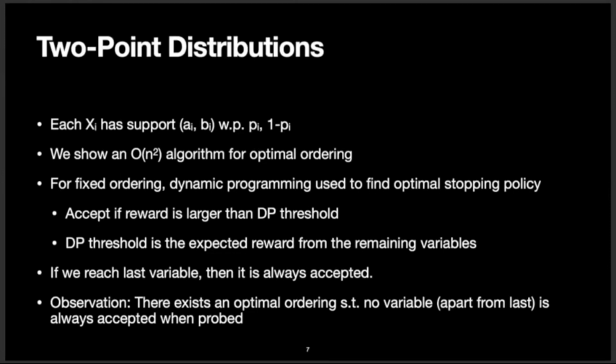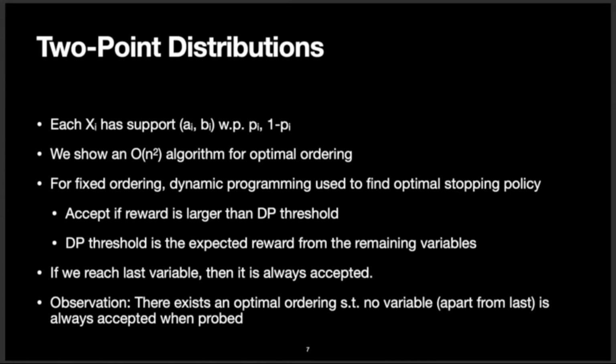So first we want to make some remarks. For a fixed ordering, a dynamic program can be used to find the optimal stopping policy. And here, the optimal stopping policy reduces to a thresholding policy. What does that mean? For each random variable, we assign a threshold. If we assign a threshold t to random variable x, it means that after I interview candidate x, if his quality is higher than the threshold t, then we accept him.